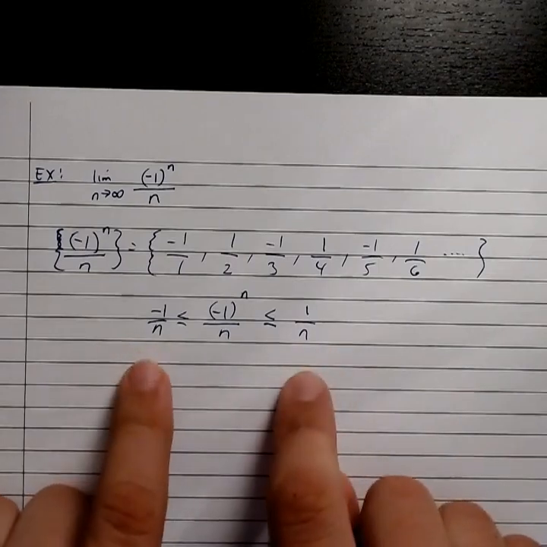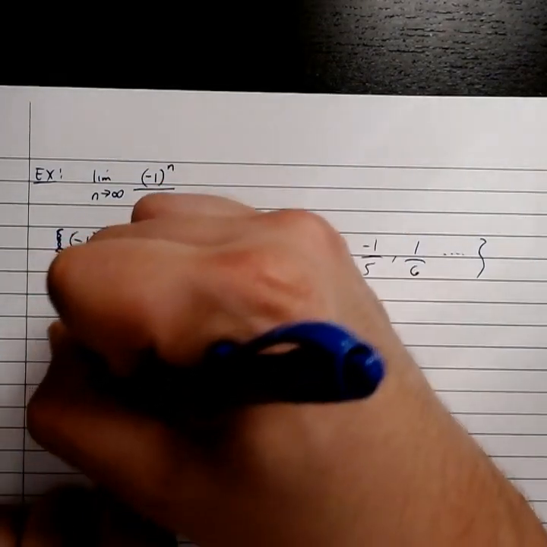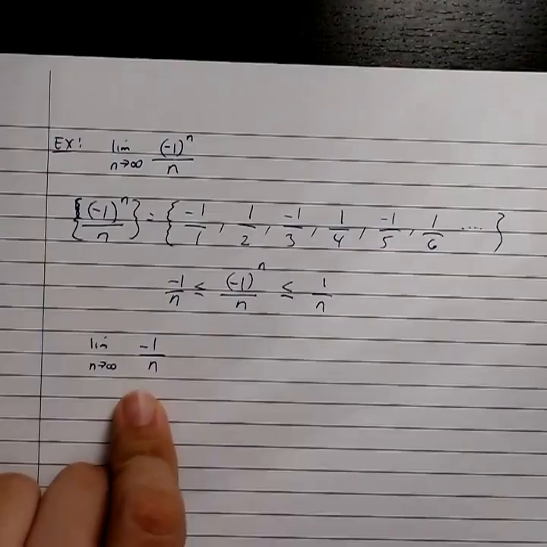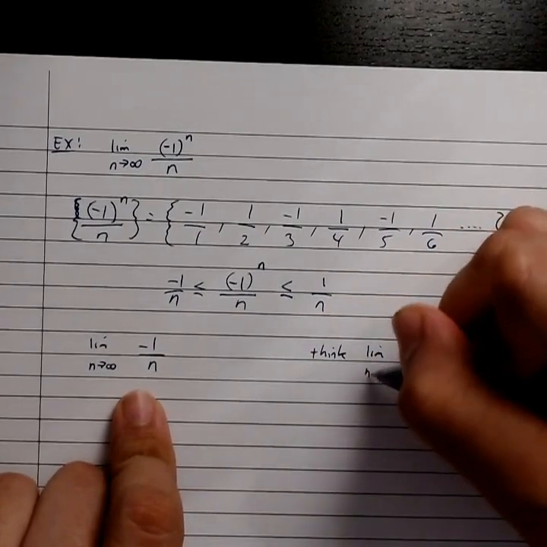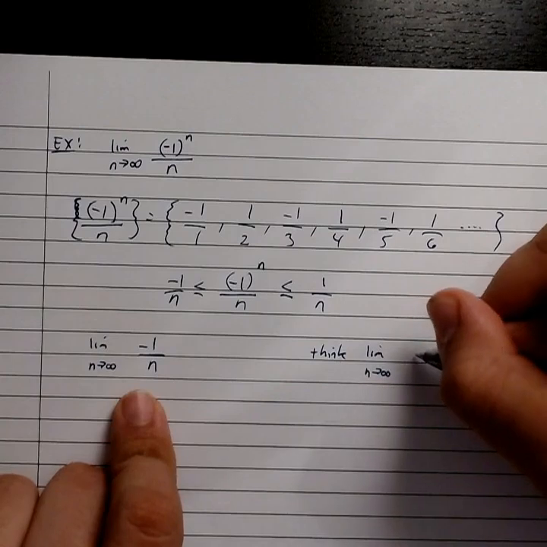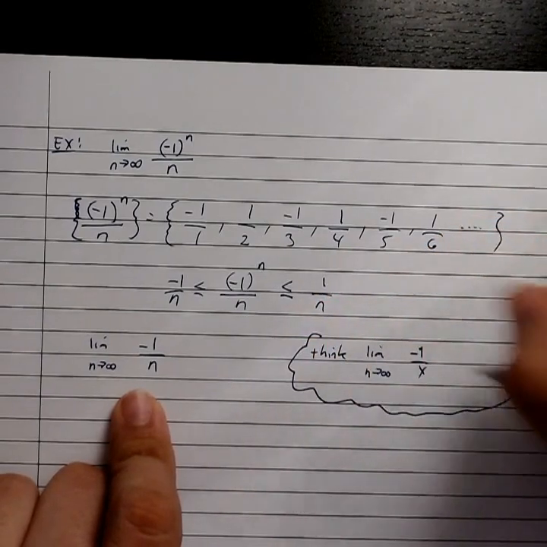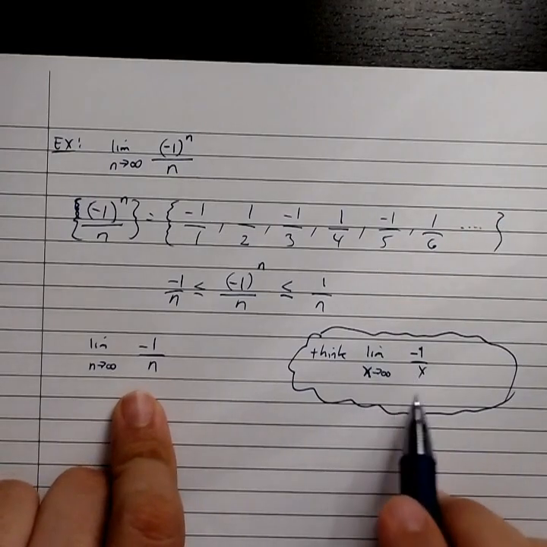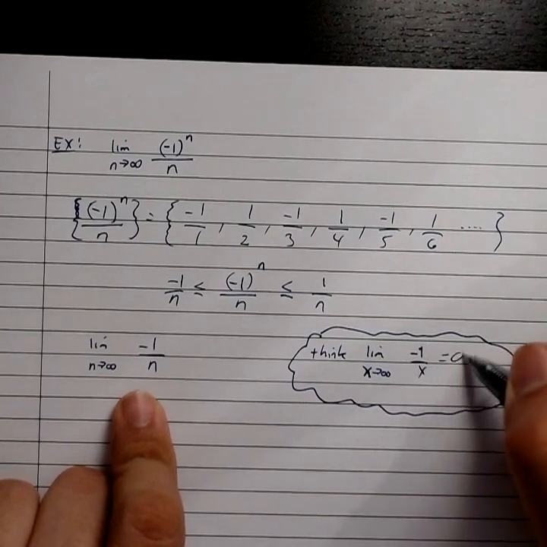But now I know I can take the limits of both of these. If I take the limit as n approaches infinity of -1 over n, again, what I should be thinking of is here, think limit as x approaches infinity of -1 over x, and as x approaches infinity, this whole thing will approach 0.